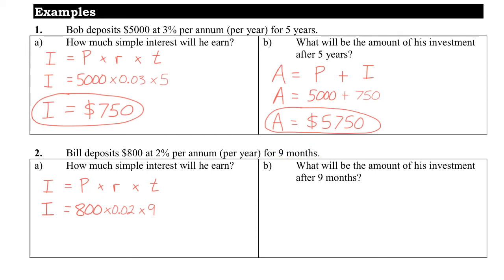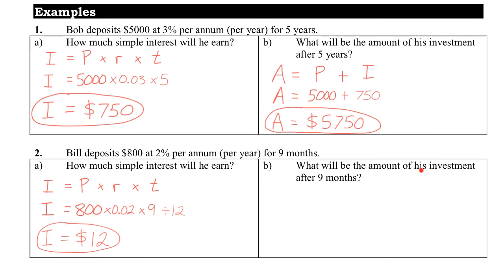Well, there's 12 months in a year, so 9 months would be 9 out of 12, or 9/12. So now we can just do this calculation, 800 times 0.02 times 9 divided by 12. And now we've made the adjustment for turning this into years, and we can just plug that into our calculator and get our answer of $12.